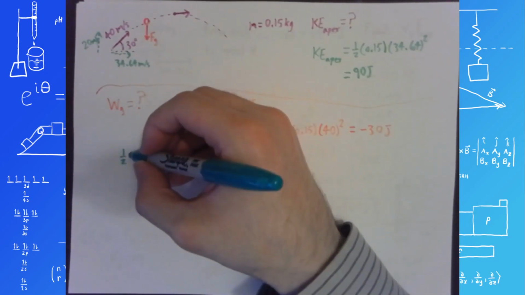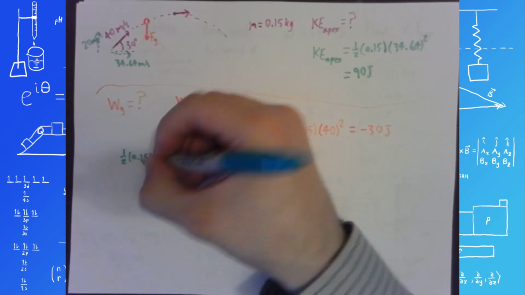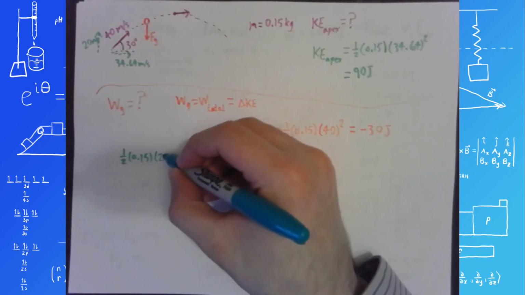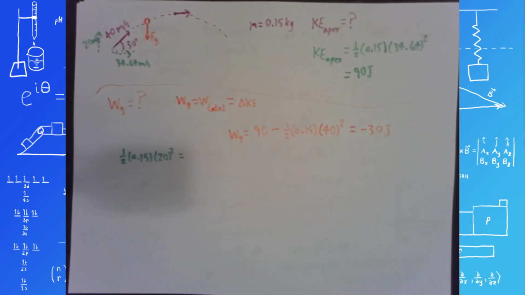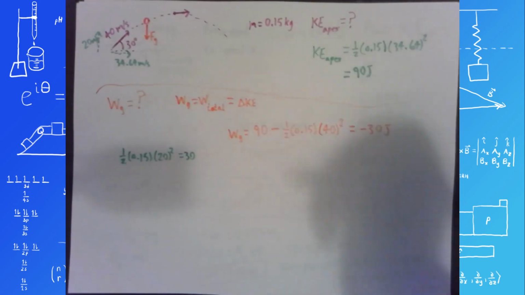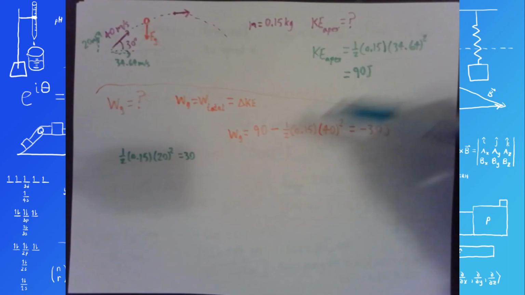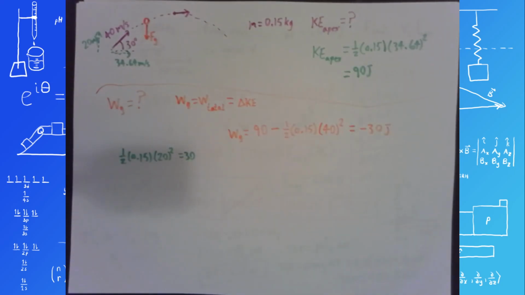You can't do, if I did 1/2 the mass times 20 squared, what would that give me? 1/2 times 0.15 times 20 squared is 30. And if I did 1/2 the mass times 34.64 squared, well, we did that before, that's 90. And the initial kinetic energy is not, wait a minute.